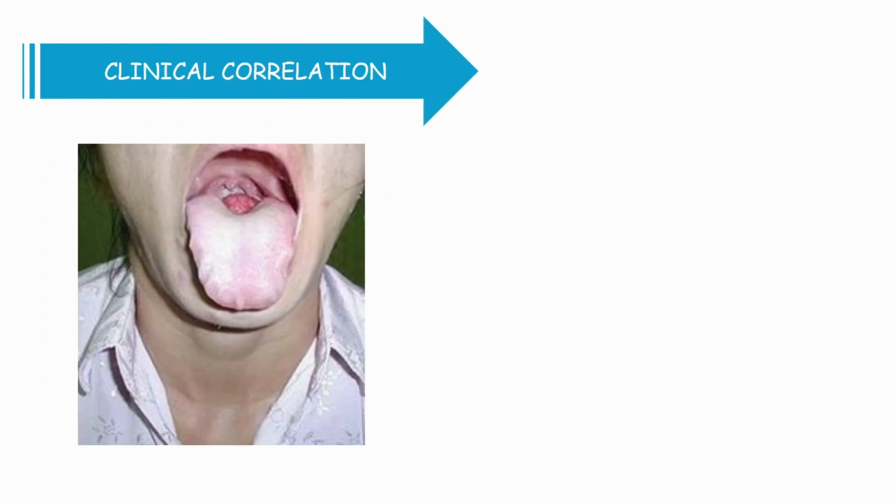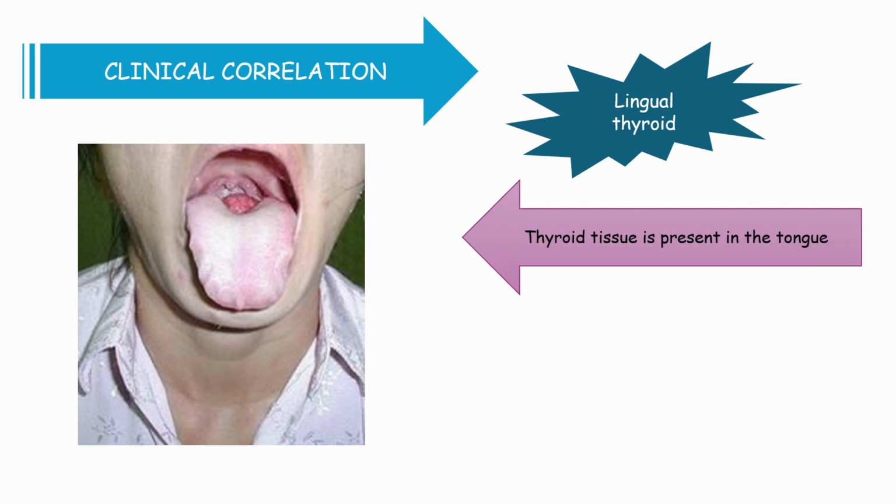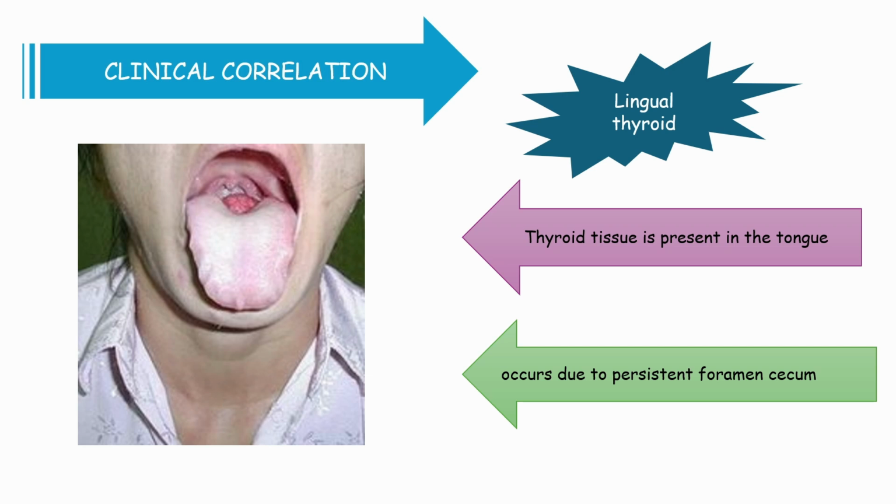The next condition is lingual thyroid. Now this lingual thyroid is a clinical condition in which the thyroid tissue is present in the tongue. So why does this happen? That is because here there is persistence of the foramen cecum. Foramen cecum we will see at the sulcus terminalis in the center.